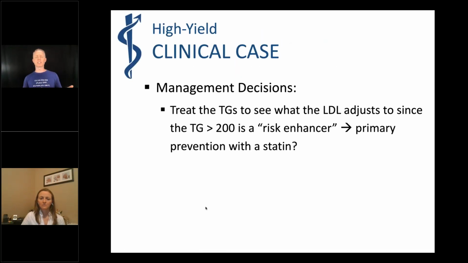So we saw the triglycerides that were really elevated, and we know that triglycerides impact the LDL. She's got risk enhancers with her triglycerides over 175. She's got 400. This is primary prevention. Do we start her on a statin? Well, that goes back to what Dr. Bolin says. This is one of those kind of gray zones because she's got some risk enhancers with a family history.